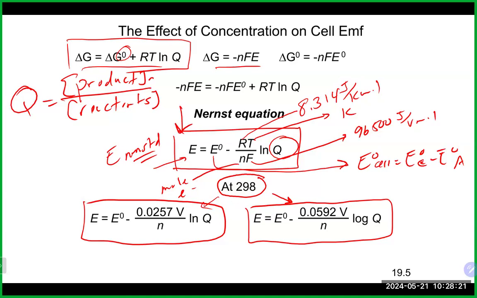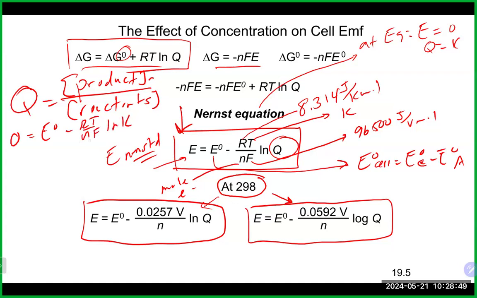By the way, if you can't remember the K equation that we just talked about, it is also derived from this equation. So if we're at equilibrium, E would equal 0 and Q would equal K. That would get you this equation: 0 is equal to E naught minus RT over nF natural log of K. Bringing this whole thing to the other side gives you that earlier equation we just looked at.